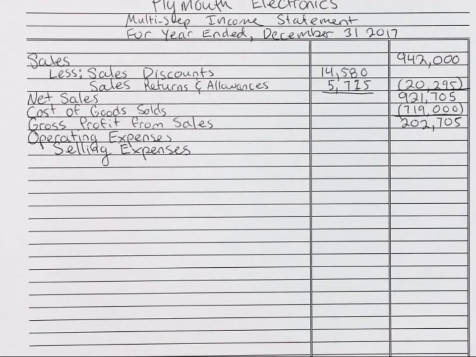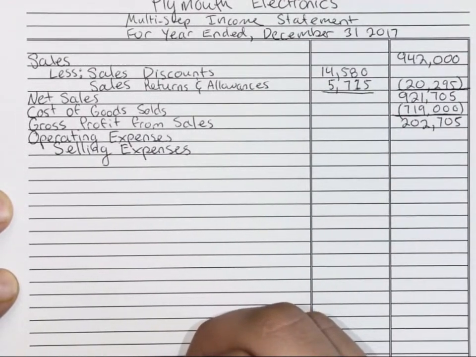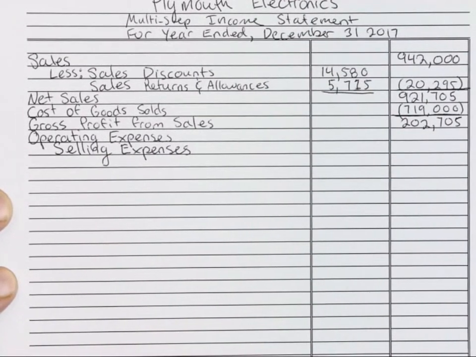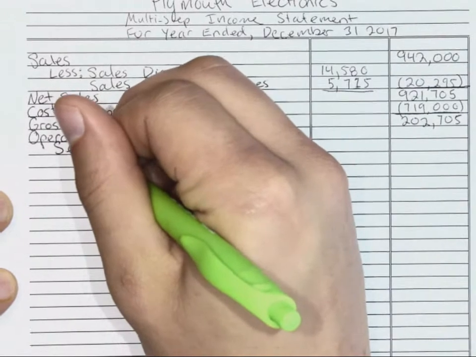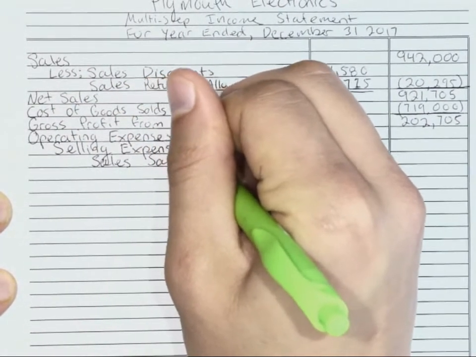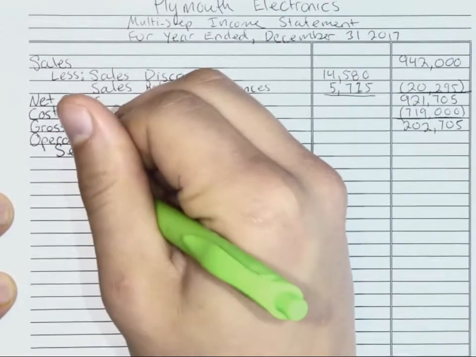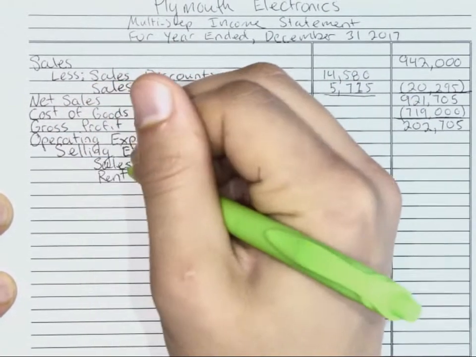Now there are 4 selling expenses here. You want to take a look and yell them out when you see them? Sales salaries expense. Rent expense.